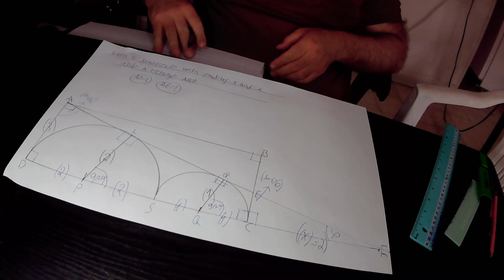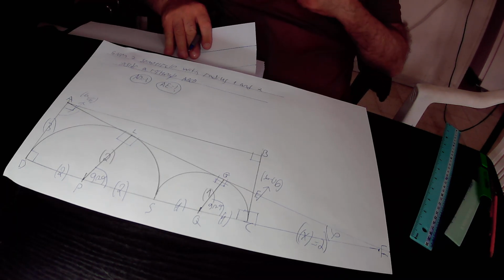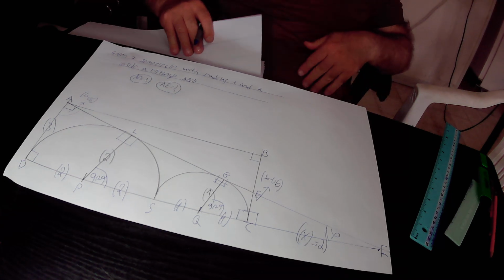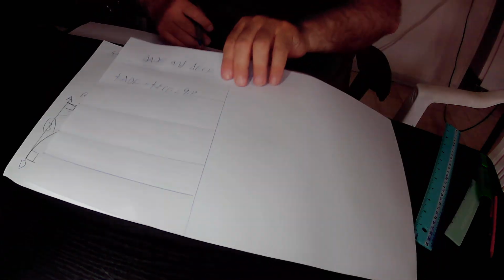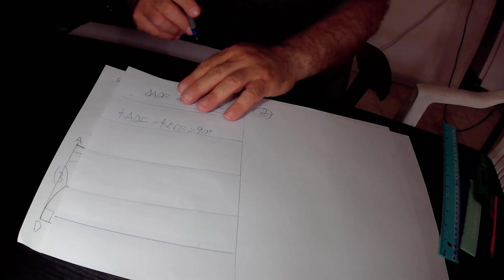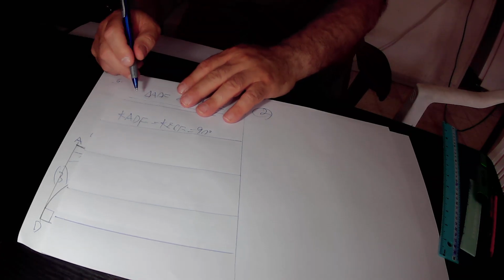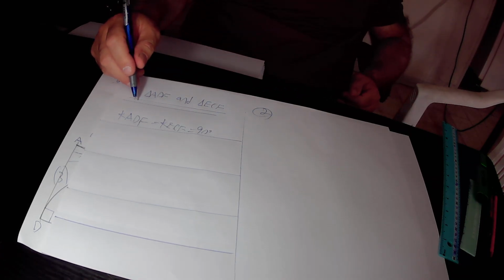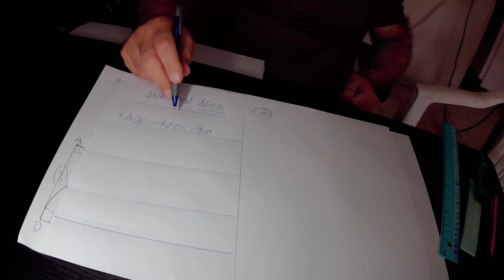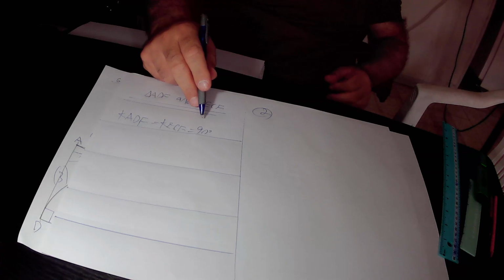So repeat again: angle ADF in the big right triangle ADF equals angle ECF in the small right triangle EFC. They are both equal to 90 degrees and therefore they are equal to each other.